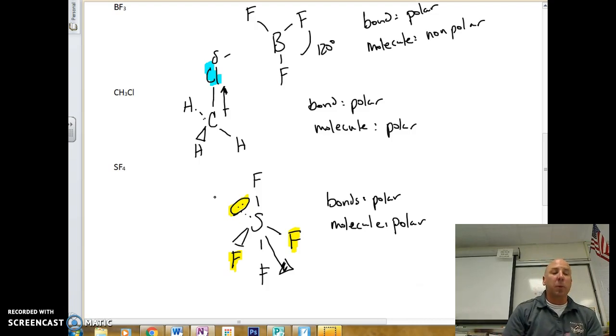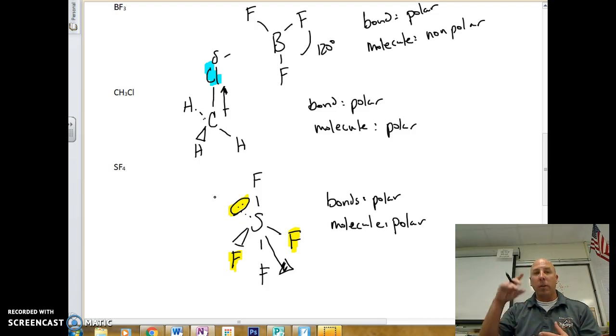And that's the difference between polar and nonpolar. Really, we're looking for two things. We're looking for the difference in electronegativities, and we're looking for that symmetry on either the axial or equatorial axis. And when we don't have that symmetry, when there's something off or missing, when there's unshared pairs of electrons or an odd atom out or something like that, like in our methyl chloride example, that's when we see some polarity coming into play.